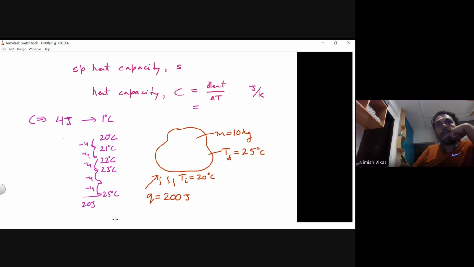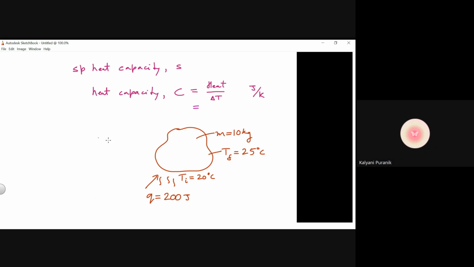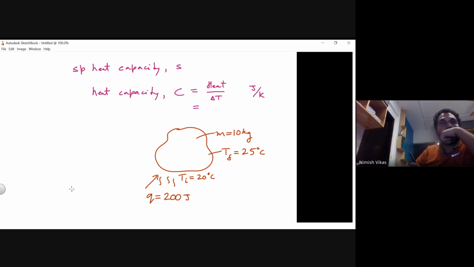Is that clear? But that's not the case. It took 200 joules, no? So what's the answer? The heat given is 200 joules, and the change in temperature is 25 minus 20, which is 5 degrees Celsius, the same as a 5 Kelvin change, because a 1 degree Celsius change is a 1 Kelvin change.